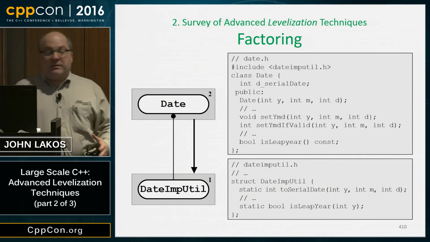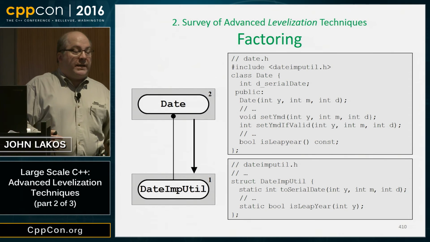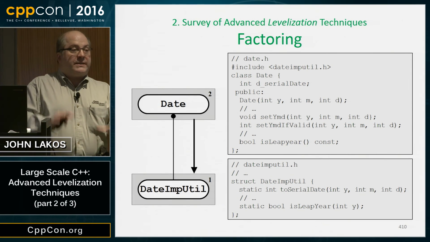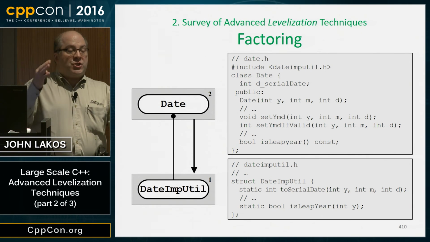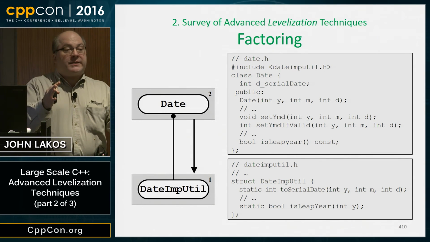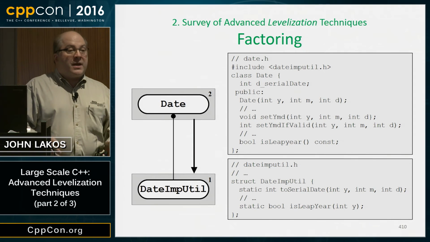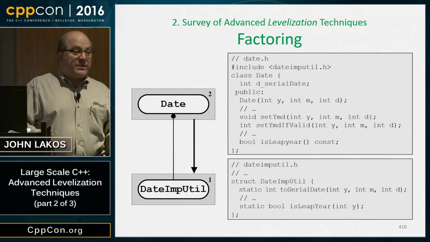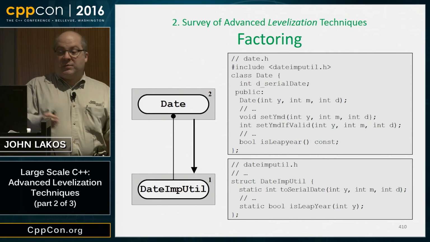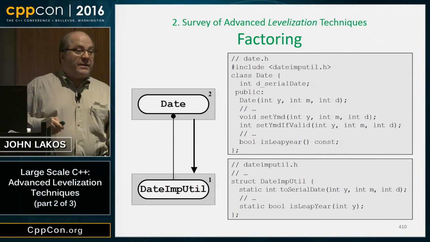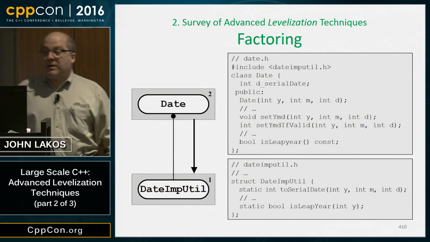The date imp util takes most of the functionality away and puts it somewhere else, and you can test that, and then your date class is just your vocabulary type and value semantic type rolled into one, whereas the util is just a bunch of functionality that you can test directly. If you happen to re-implement the date class with another util, no problem. That one is still valid and can be used by somebody else, which is why we don't want to hide it.